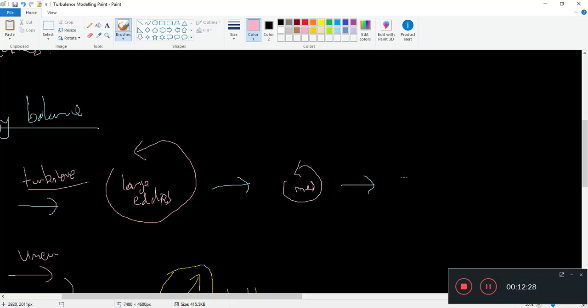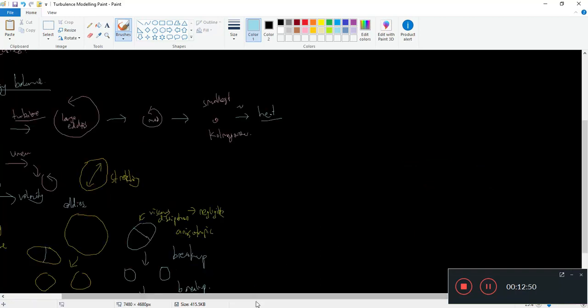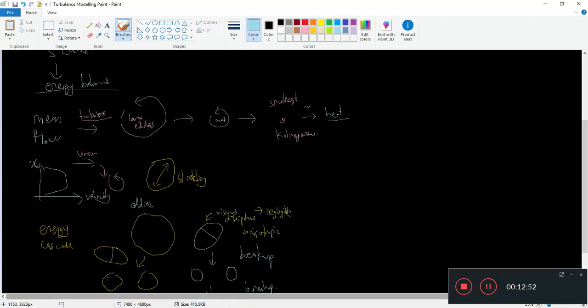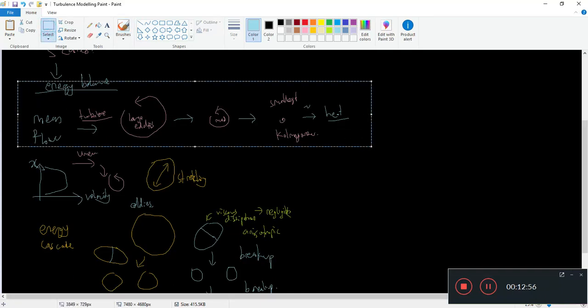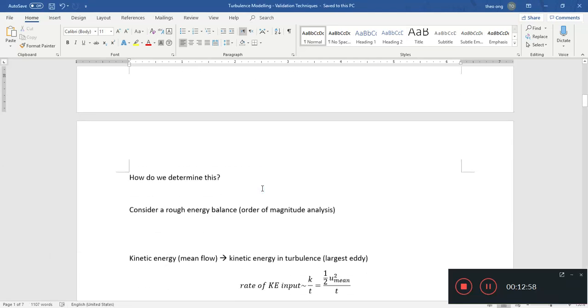I'll just give you a rough idea. Then you have the smaller scales, which we call Kolmogorov scales. So this is the energy cascade, and where does all this go? You have viscous dissipation and it goes into heat. That's what the picture looks like. This is the energy balance, or the energy cascade. It's very fundamental to understanding turbulence.